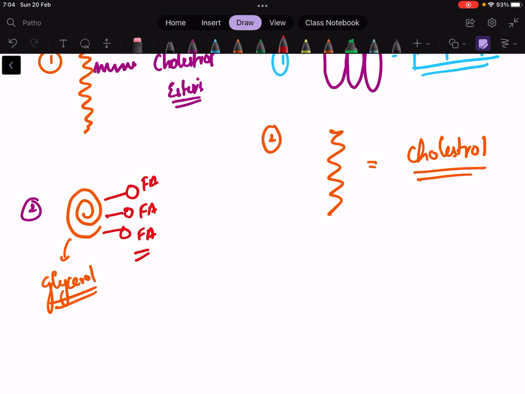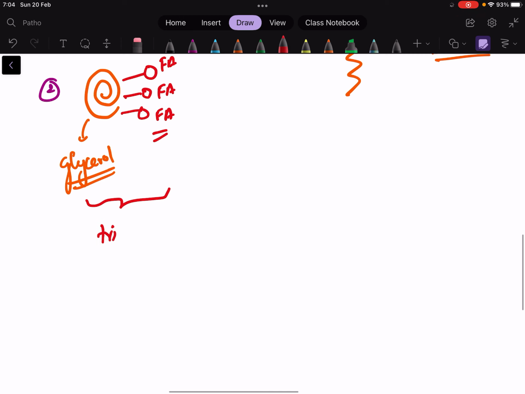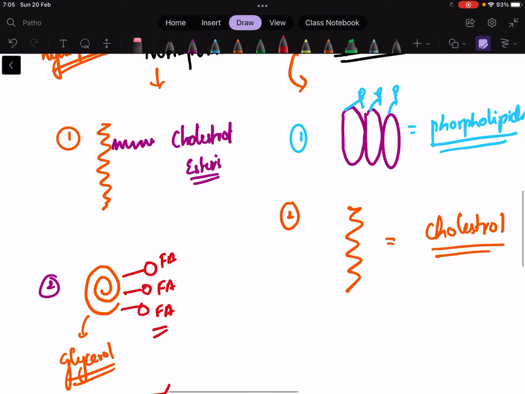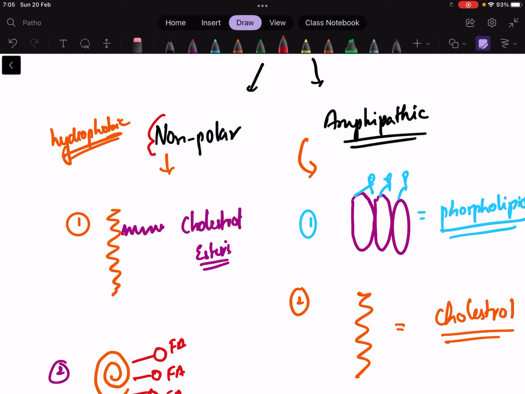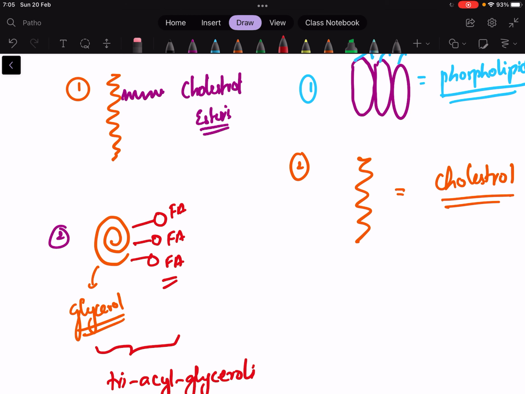Now this type of arrangement is called triacylglycerols. Glycerol with 3 fatty acids is called triacylglycerols. So the non-polar lipids are cholesterol esters and triacylglycerols.